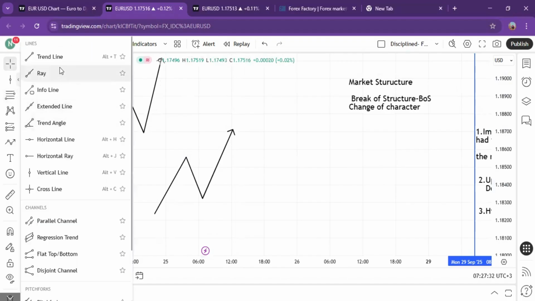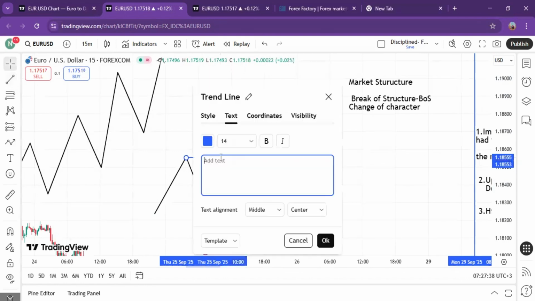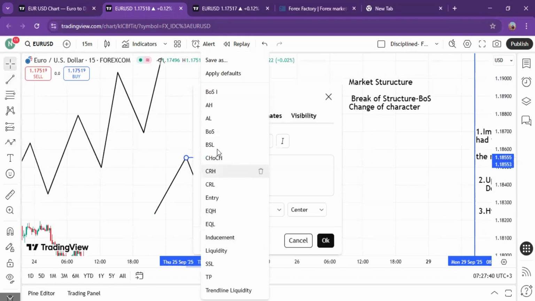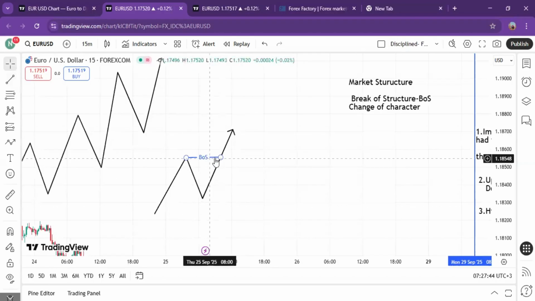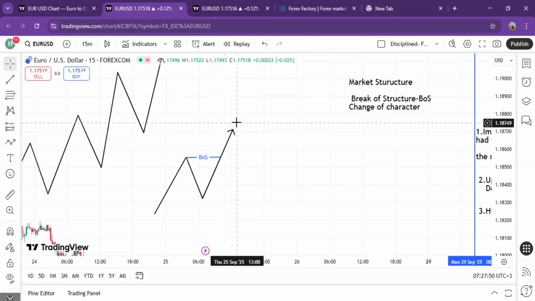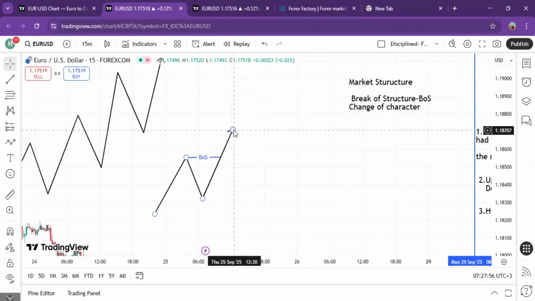So this is where we have the break of structure at that point. So after this break of structure here, we want to see that buyers were dominant in the market and continue to push the market further upwards before the next pullback or retracement.